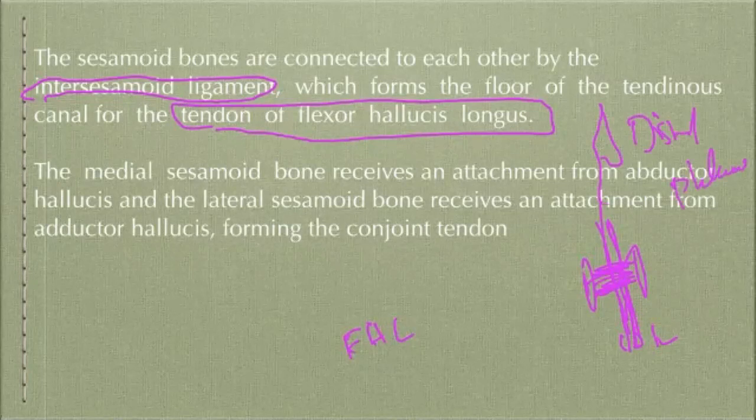The medial sesamoid receives an attachment from the abductor hallucis, and the lateral sesamoid receives an attachment from the adductor hallucis, forming the conjoint tendon, right.